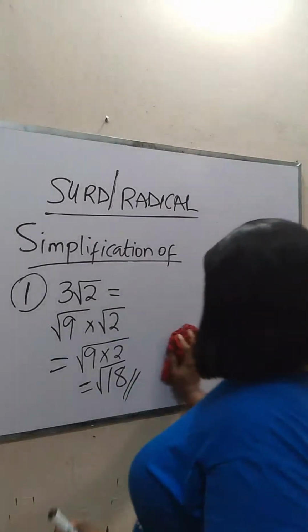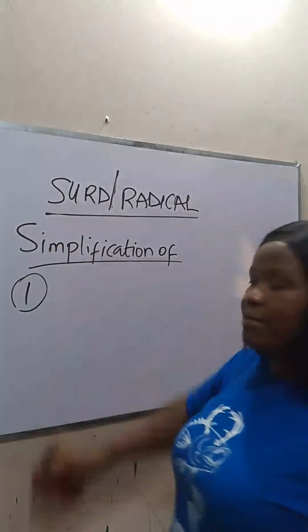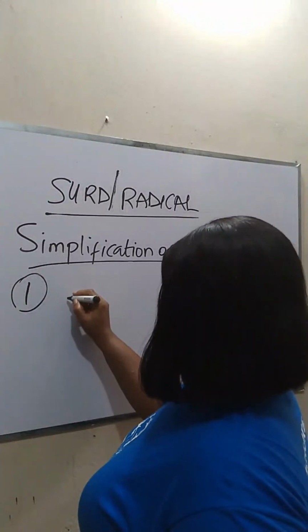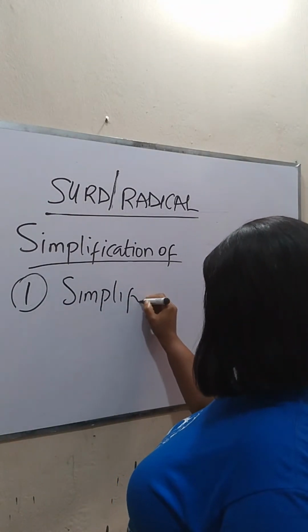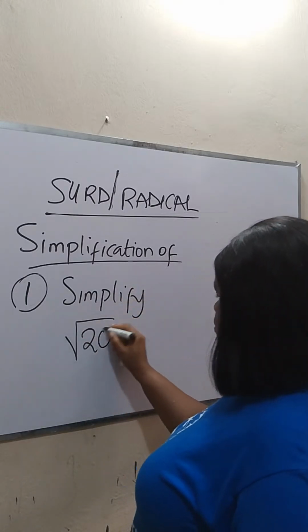So what are we doing next? I want you to solve just one example for me. Let me be sure that everything I've been speaking, you are understanding it. All right, so solve this simple one for me. Simplify 20. So solve this.